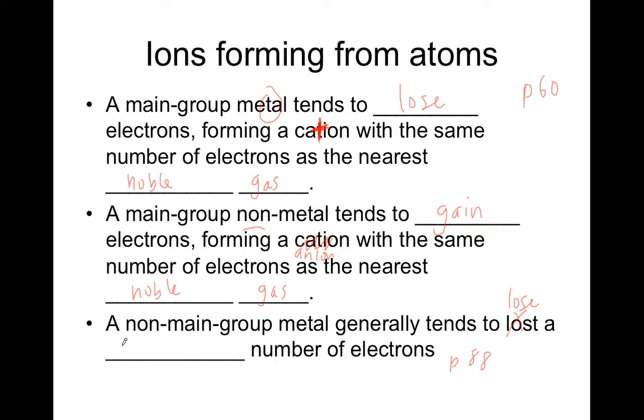Okay, I'm going to suppose that you paused the video, and I'm going to say the word is variable. A variable number of electrons. In other words, a non-main group metal might lose 1, it might lose 2, it might lose 3. They take on different charges. We'll see more of what that means in the next few slides.